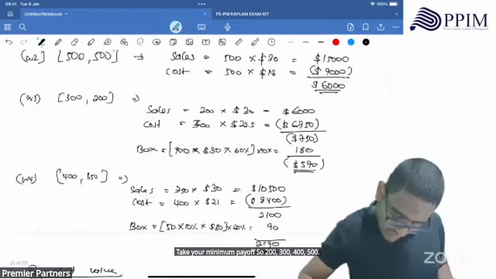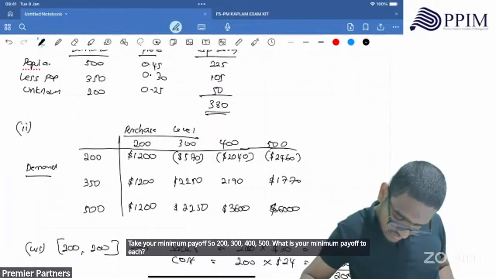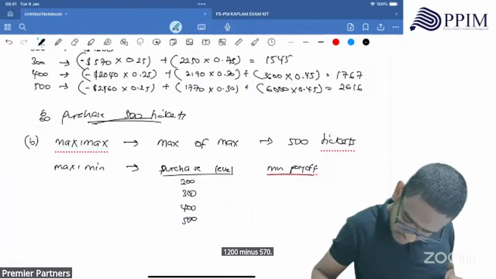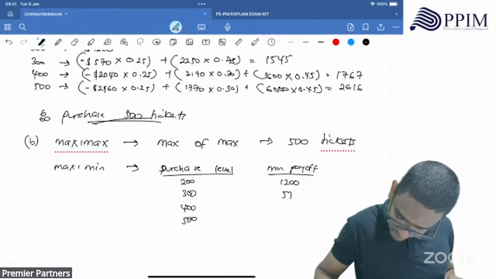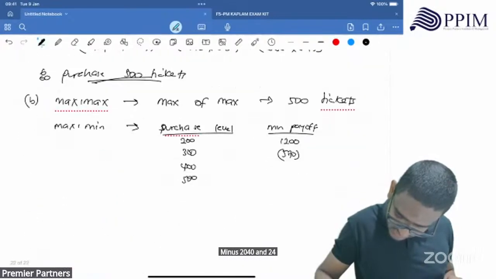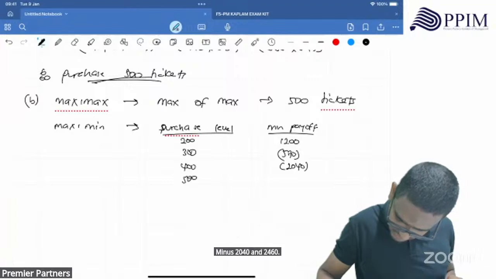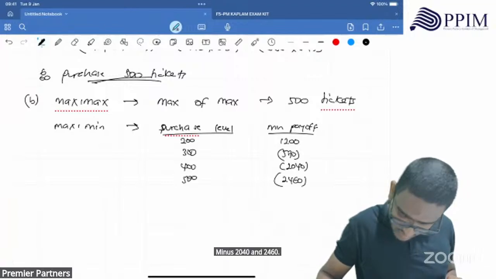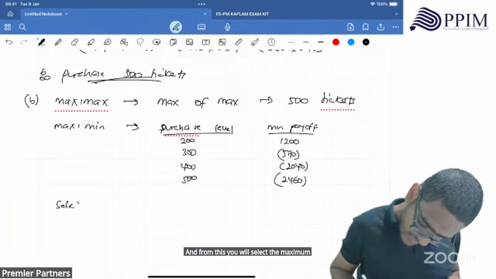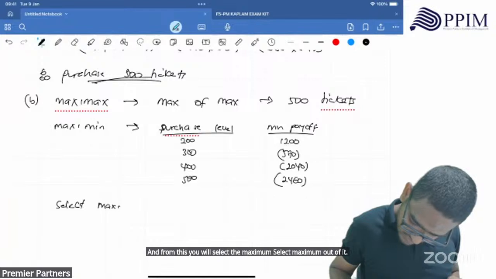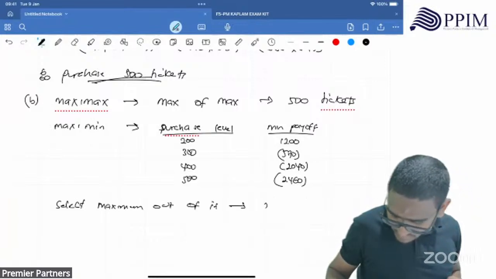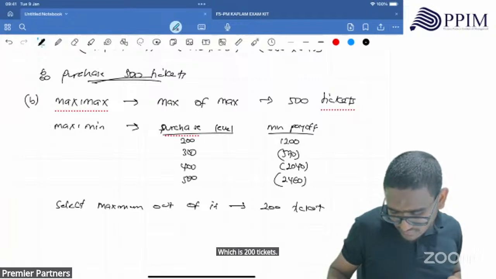What is your minimum payoffs to each? 1,200, minus 570, minus 2040 and 2460. Okay. And from this, you will select the maximum. Select maximum out of it. Which is 200 tickets. Okay.